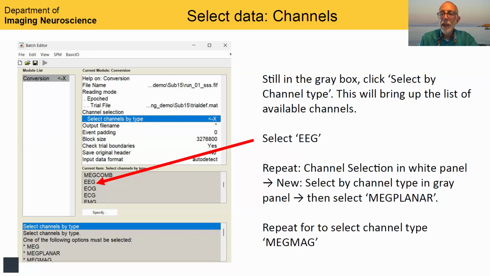So we're going to select the EEG type, and then we're going to repeat. That's to say, we're going to click on the channel selection in the white panel, and then click again, select by channel type in the gray panel, and then select MEG planar for our first type of MEG data. And we're going to repeat this whole procedure, channel selection, select by channel type, and then select MEG mag for our second type of data.